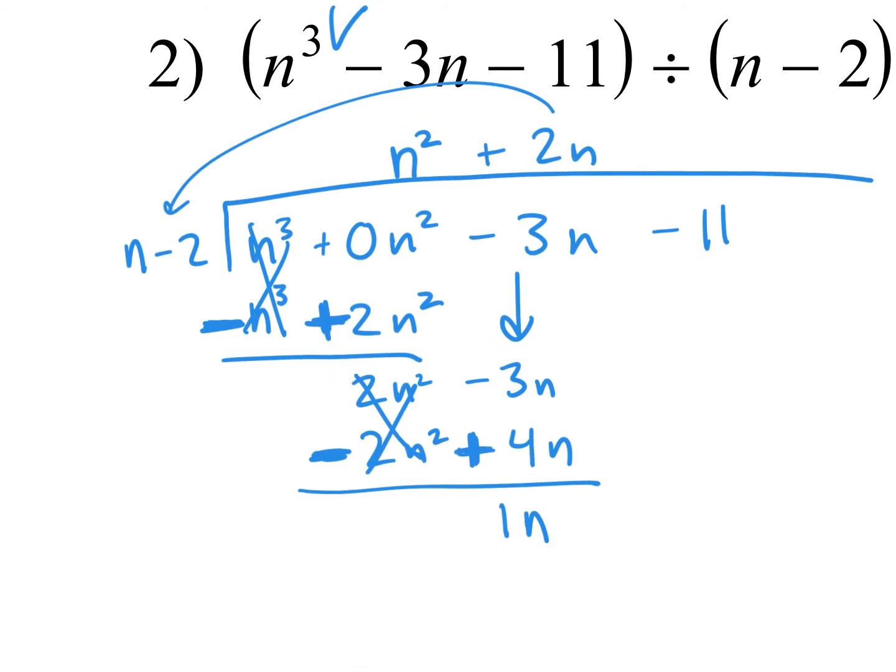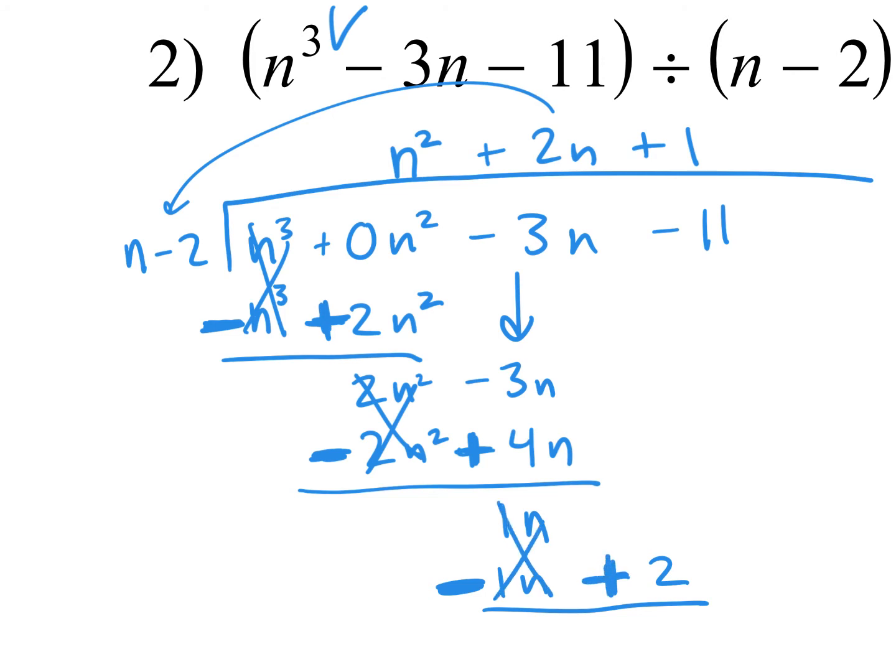What do I do next? Divide. So if I have 1n and I take away an n, what am I left with? 1. Awesome. Then we multiply. I get 1n. And what's 1 times negative 2? Negative 2. And then change a sign.